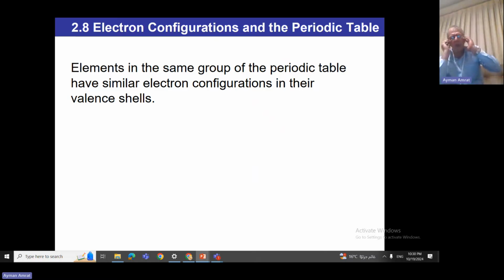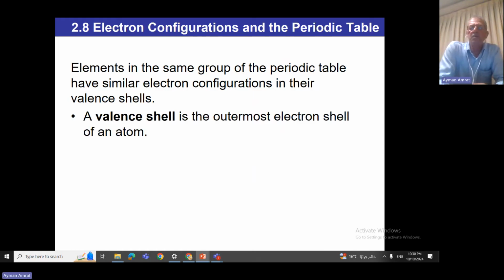Inner electrons don't matter for the properties or behavior of elements. The key figure in these properties and behavior is the valence electrons.